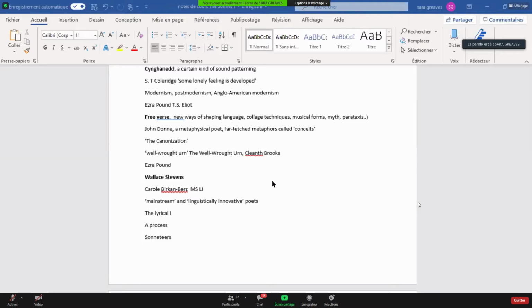Carol Birkenberst says that one of the other reasons for not writing sonnets when you're a linguistically innovative poet is that the very existence of the lyrical I that I've written down here has been challenged by modern society, by consumerism, by the commodification of society, by alienation of various kinds, as well as by linguistic and psychoanalytical theory, changing philosophical notions of subjectivity.